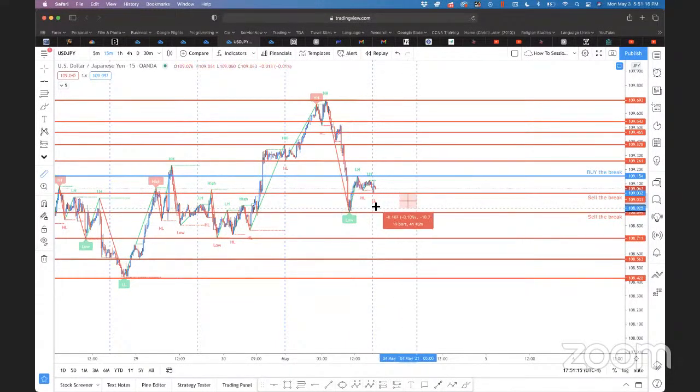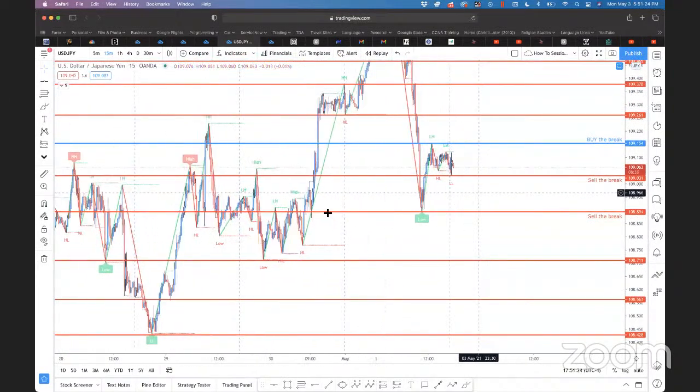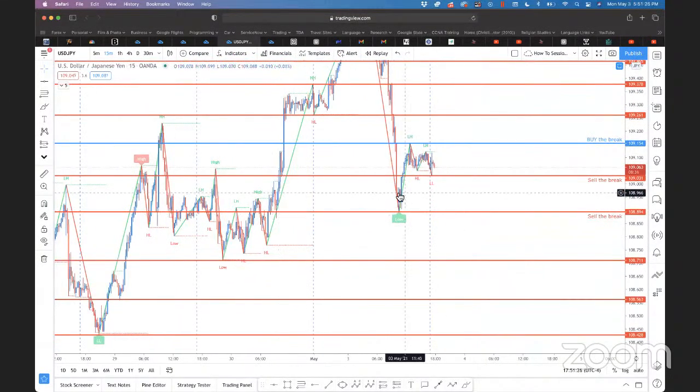Just to take a trade, that's kind of dangerous, right? Because what do we got right here? Order block. What else do we got right here? Order block. So that means if I take this trade, the probability just got higher because I literally got order blocks at the exact same spot.